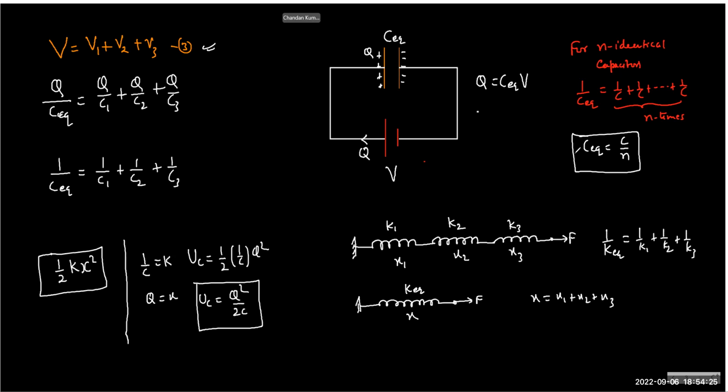So what is the purpose of doing the series grouping? If you go and buy a capacitor, let's say the shopkeeper says that today I don't have the smaller values. Can you take the 10 microfarad capacitors? Tomorrow I'll try to make it, but you need it urgently because you want to make your circuit.